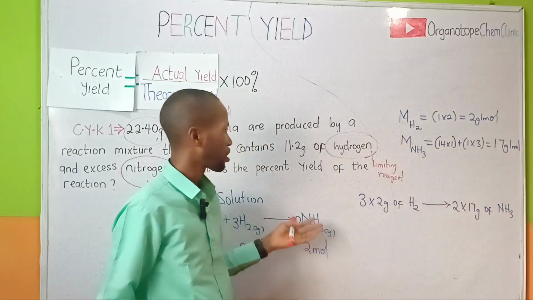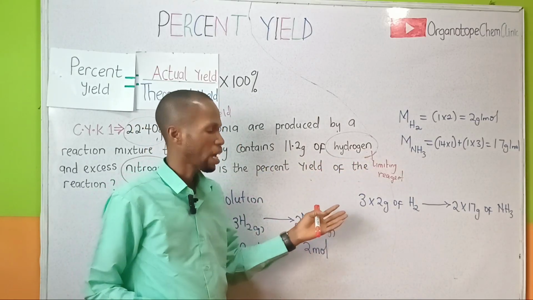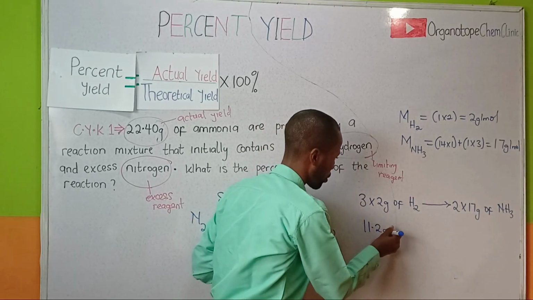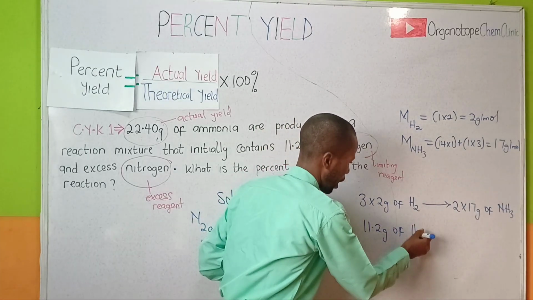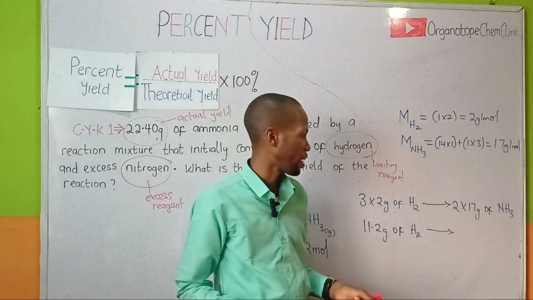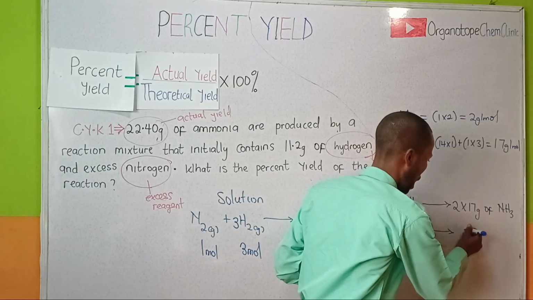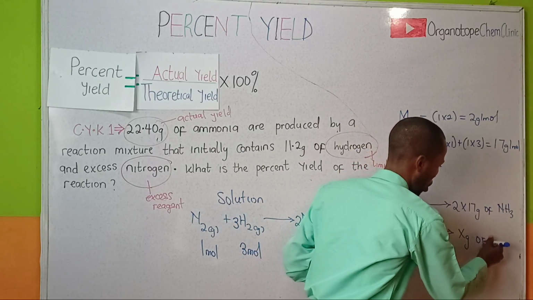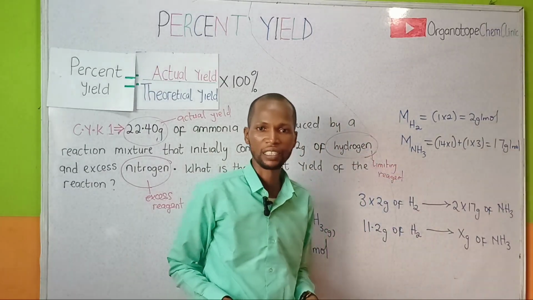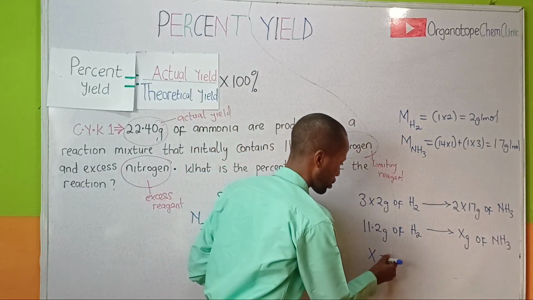From the question, the actual amount of hydrogen that produces the ammonia is 11.2 grams of hydrogen. We produce what amount of ammonia? That is our theoretical yield of ammonia. We have X gram of ammonia. Permit me to use X as the theoretical yield of ammonia. So can we make X the subject of formula?